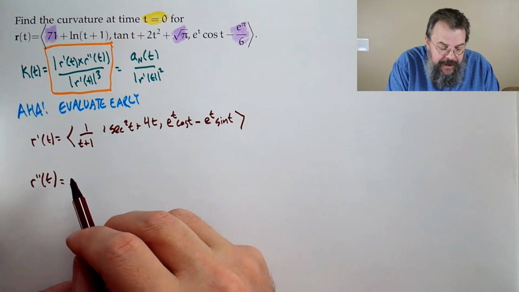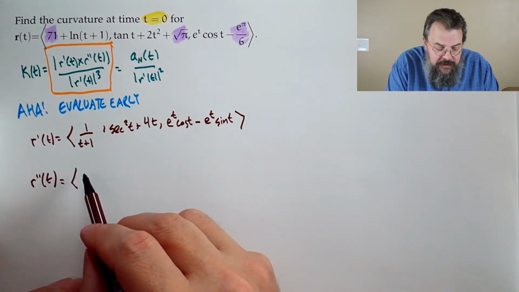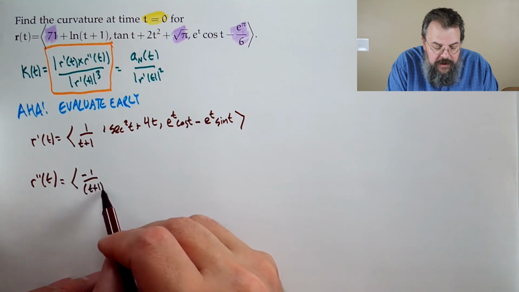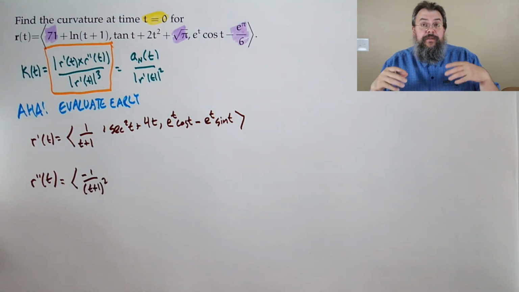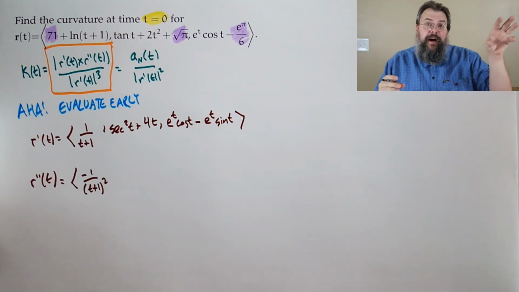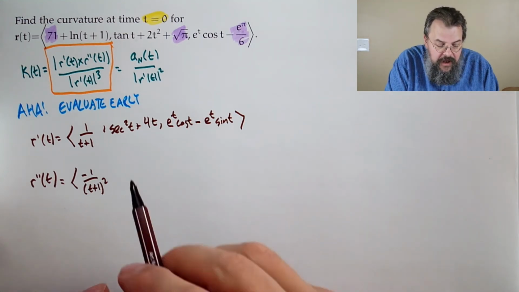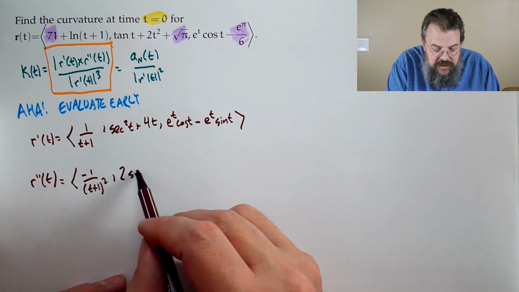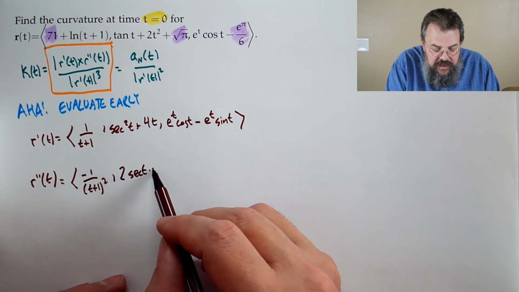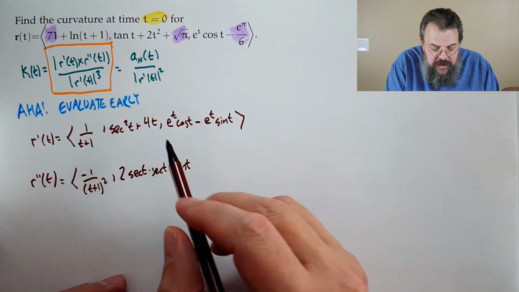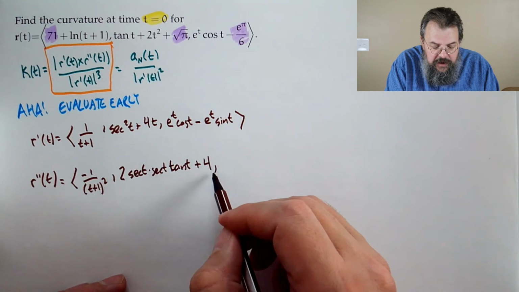So, r double prime. All right, derivative of 1 over t plus 1 is minus 1 over t plus 1 squared. Think of it as t plus 1 to the minus 1 power. So the minus 1 comes down, t plus 1 to the minus 2. Derivative of secant squared, well, 2 secant, and then the derivative of secant is secant tangent. And derivative of 4t, 4.